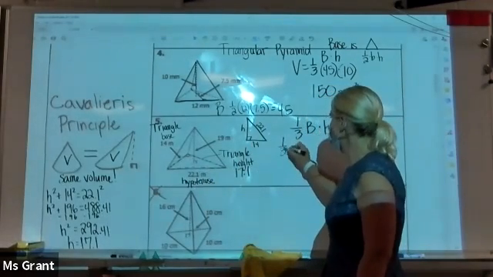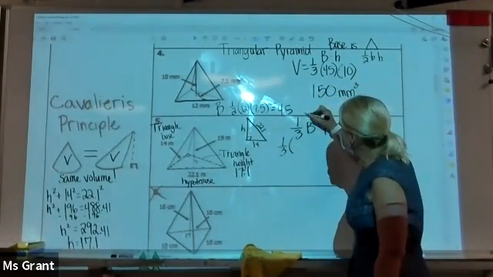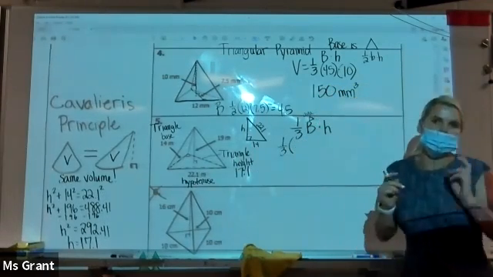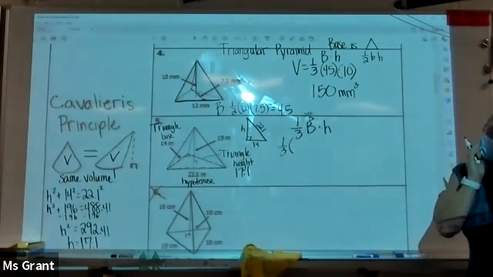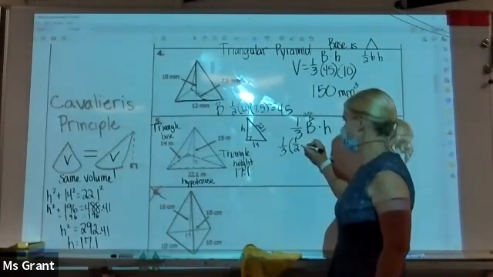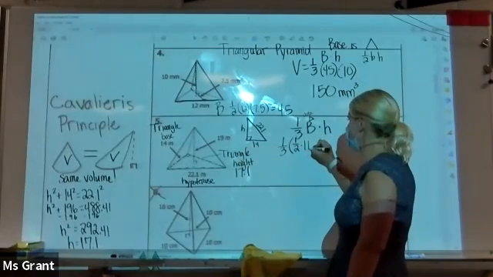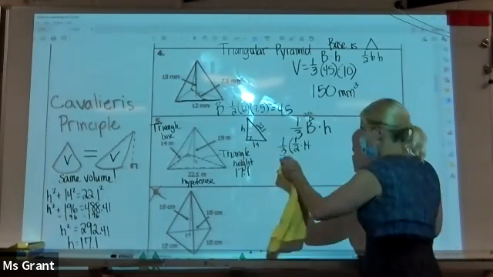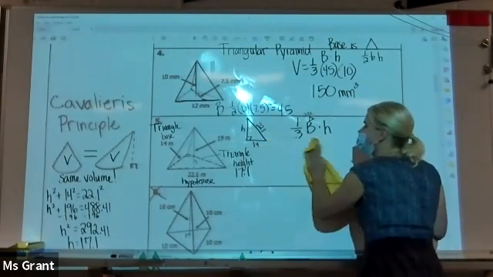So 1/3 area, big B, area of the triangle, 1/2 base times height. 1/2 base is 14 times height is 7. Sorry, it just doesn't look good enough.